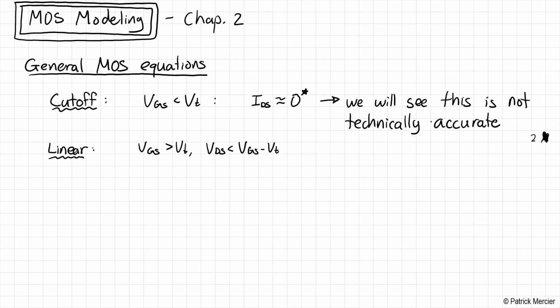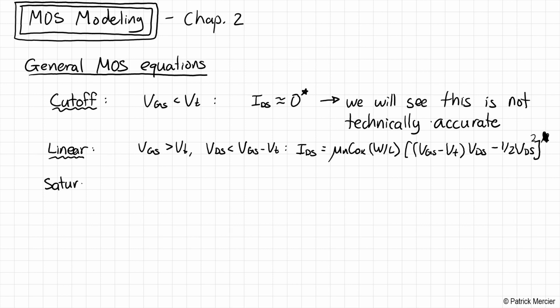In this region of operation, IDS is equal to, for an NMOS transistor, mu n C ox W over L times (VGS minus VT) times VDS minus 1/2 VDS, all squared.